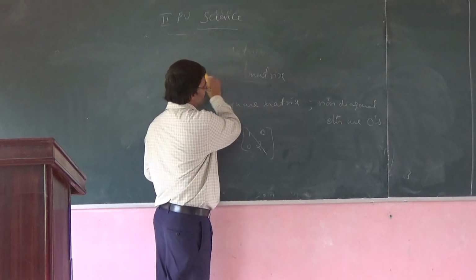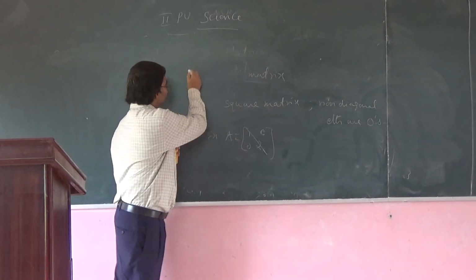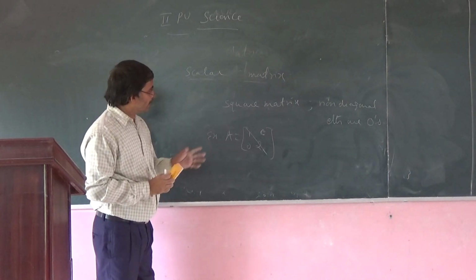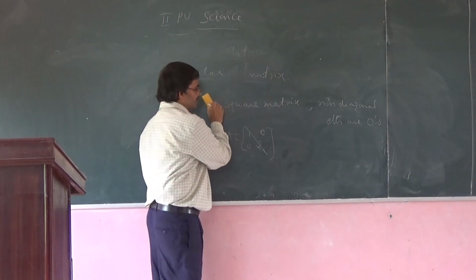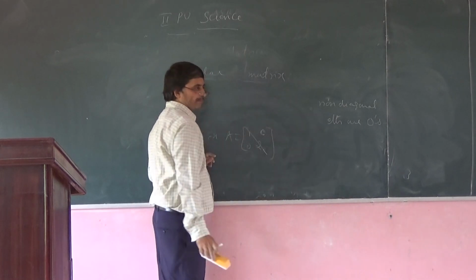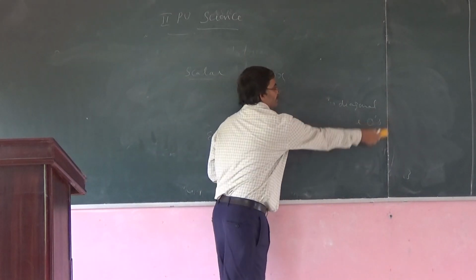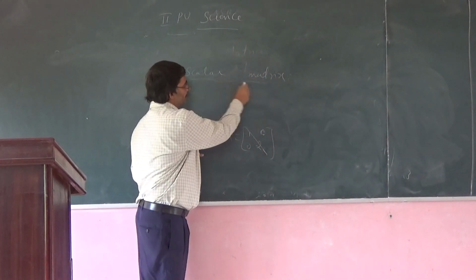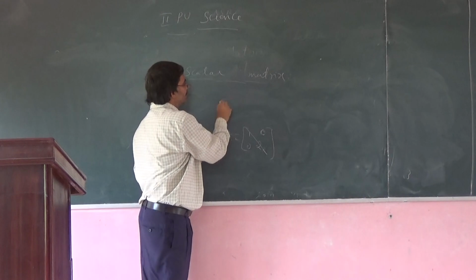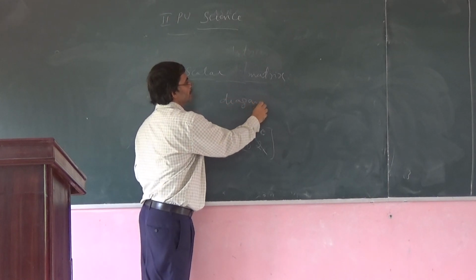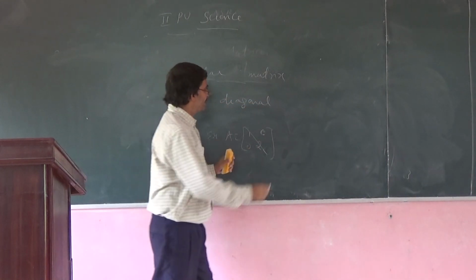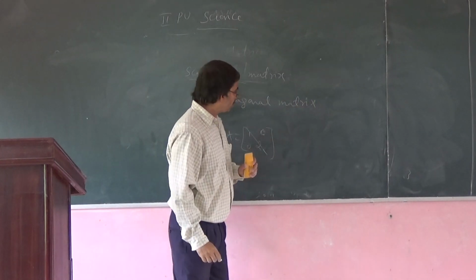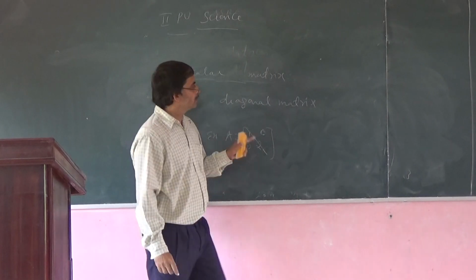Next one is the scalar matrix. A scalar matrix is a diagonal matrix with some condition. A scalar matrix is a diagonal matrix with the additional condition that all the diagonal elements are equal.